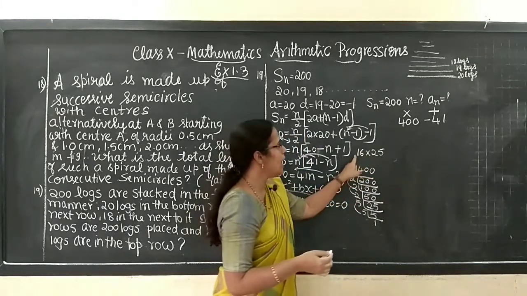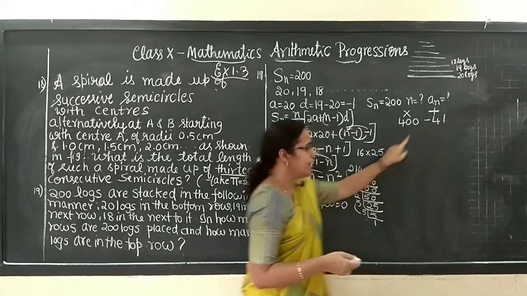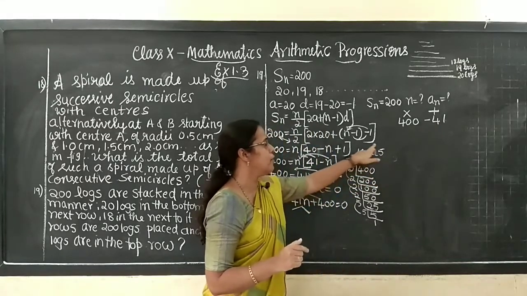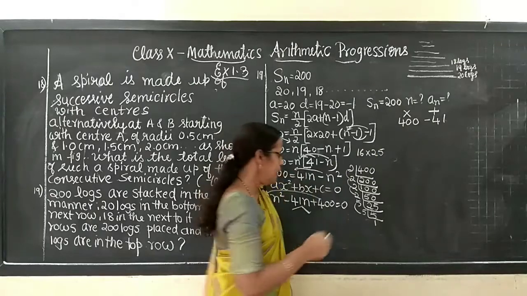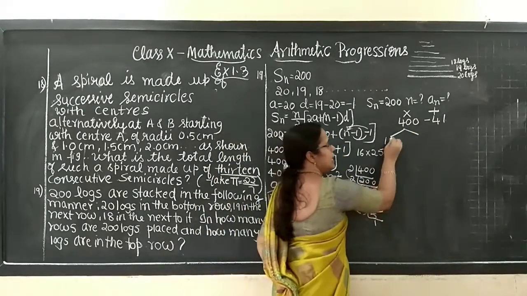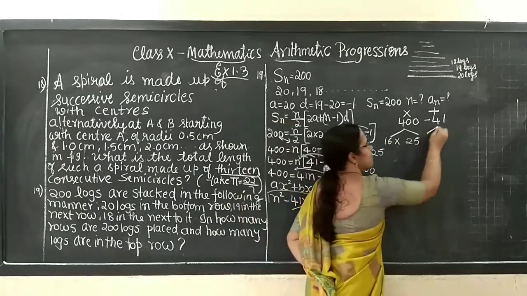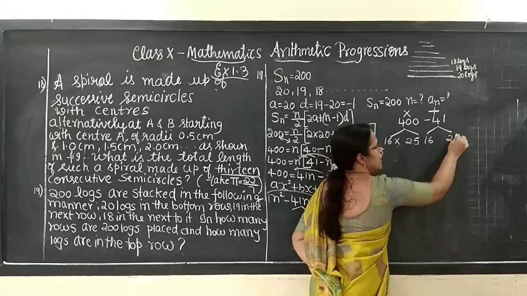But if you subtract or if you add, will you get 41 there? Yes, 25 plus 16 is 41. Yes, right. Correct? So what can you understand then? What are the factors of this? 16 into 25. Okay, so here also 16 and 25.